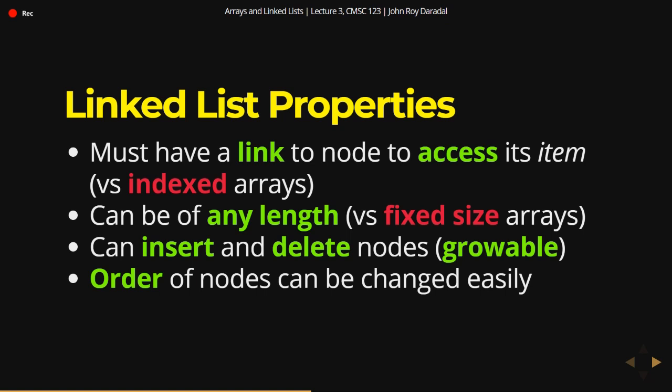So which one is the next, which one is the previous, and then you've already reordered the linked list. Whereas in an array, you really have to set the new index and the new item at a certain index for you to be able to rearrange the array. Okay?